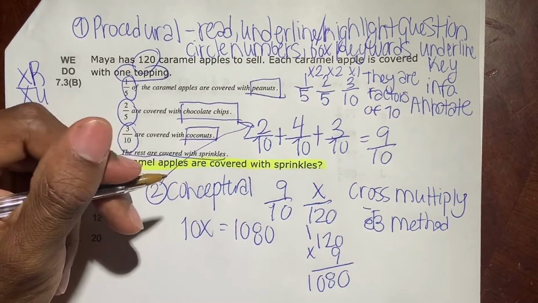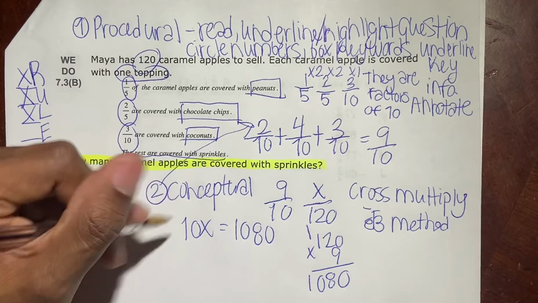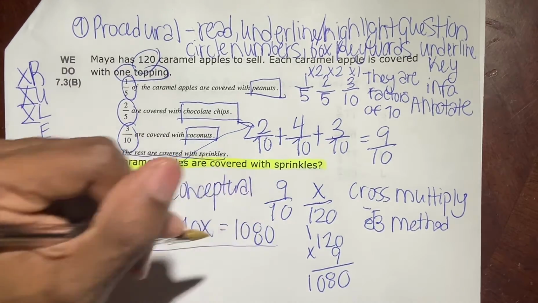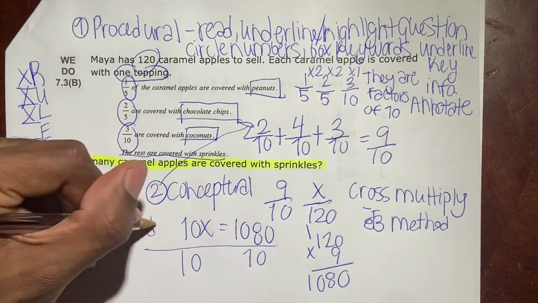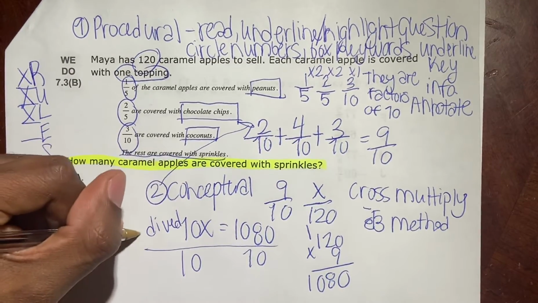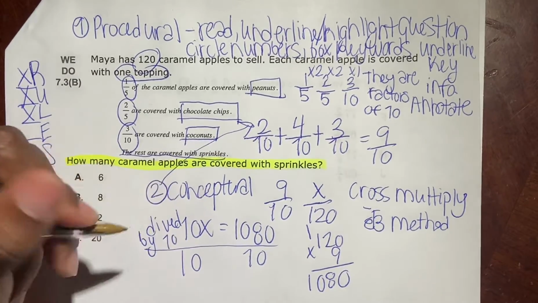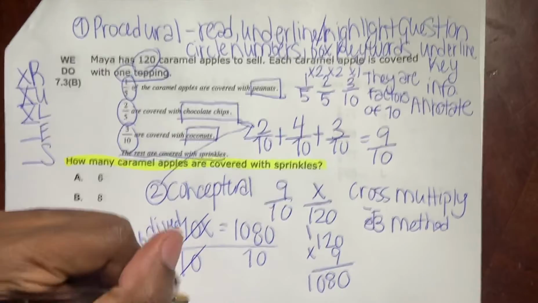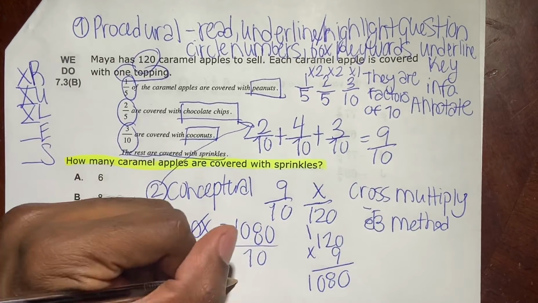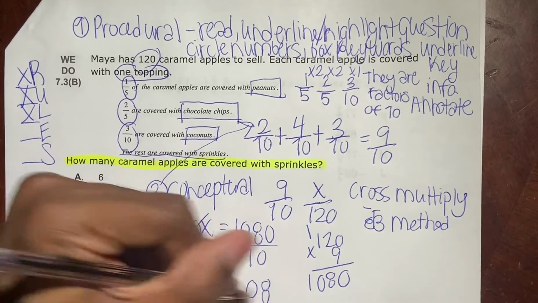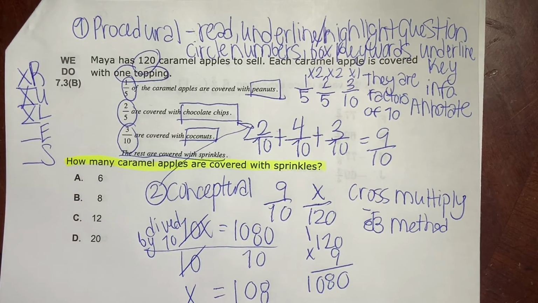Next, we're going to divide both sides by 10. So 10x divided by 10, the 10s cancel out, left with x. 1080 divided by 10, I believe that's 108. So we have 108.